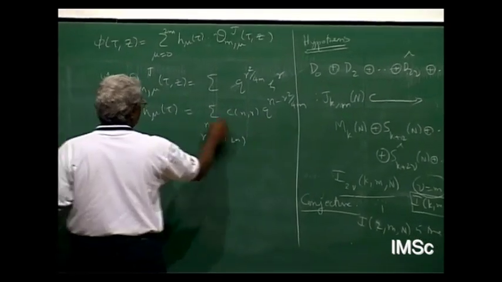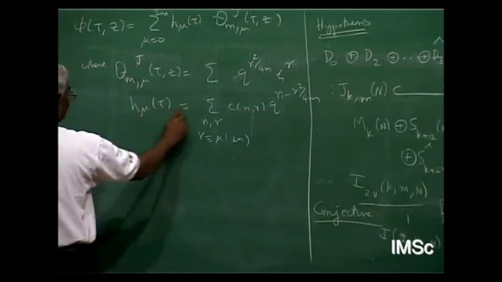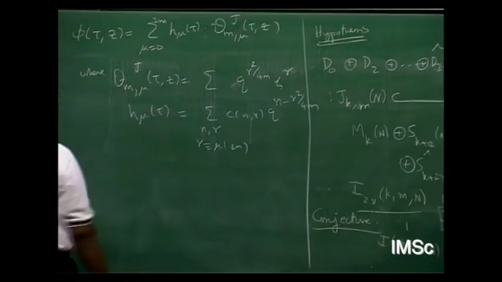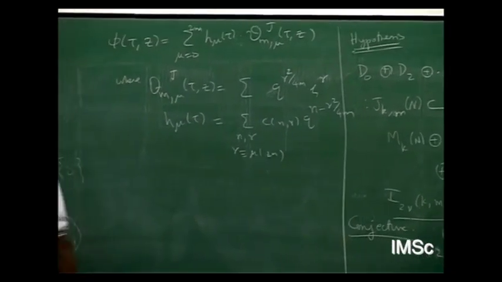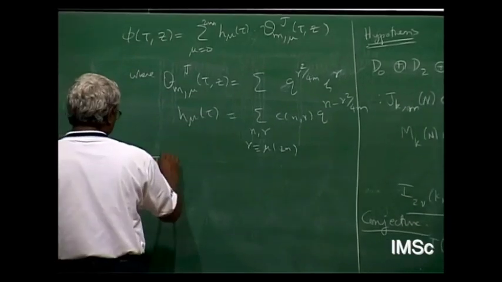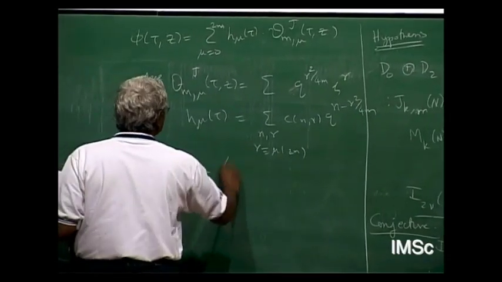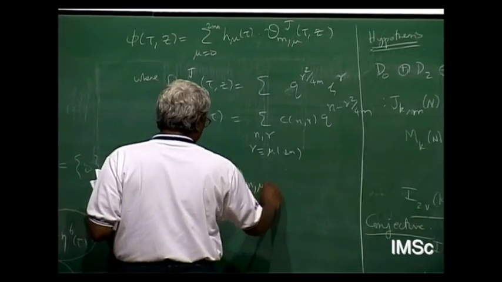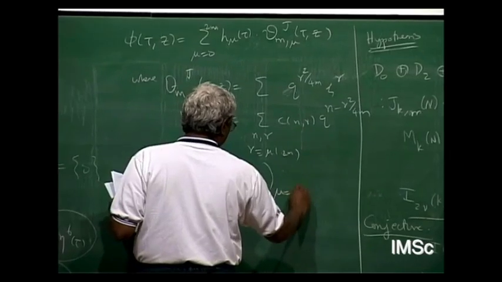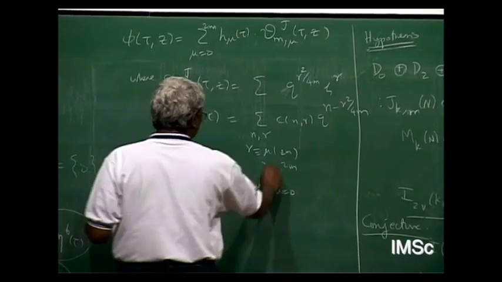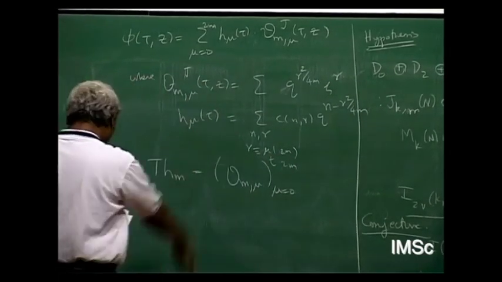So from this I get a vector valued modular form, and this vector is also a vector valued modular form. The vector theta_m is given by theta_{m,mu}, mu equal to 0 to 2m. If I take the transpose, we call it the column vector.